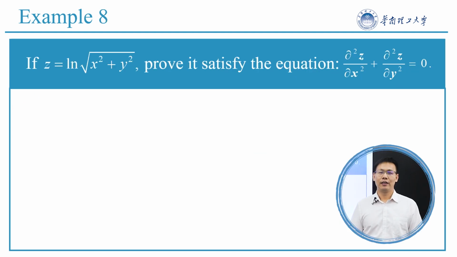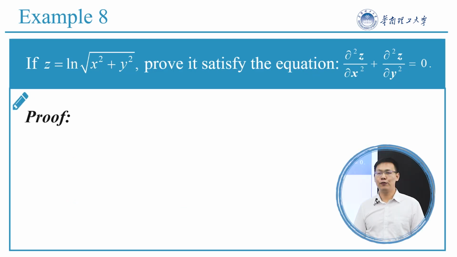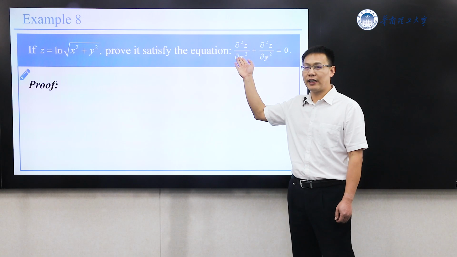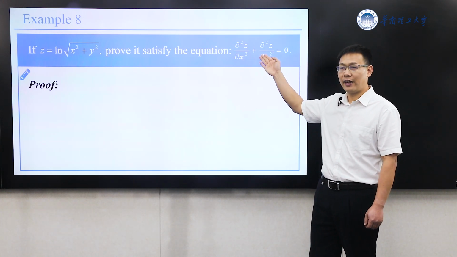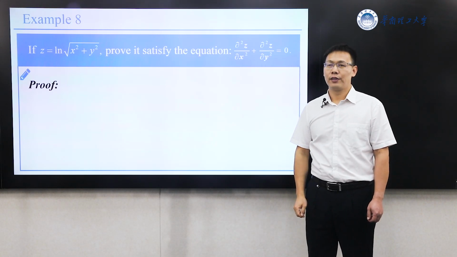Example 8. If z is this function, prove it satisfies the equation that the sum of the two second-order partial derivatives zxx and zyy is 0. Proof.